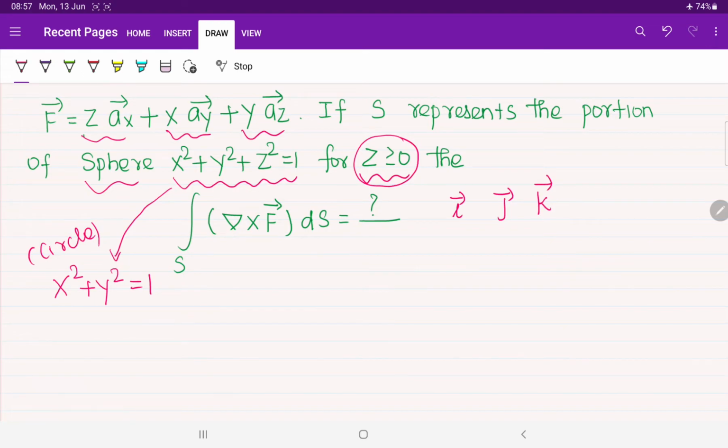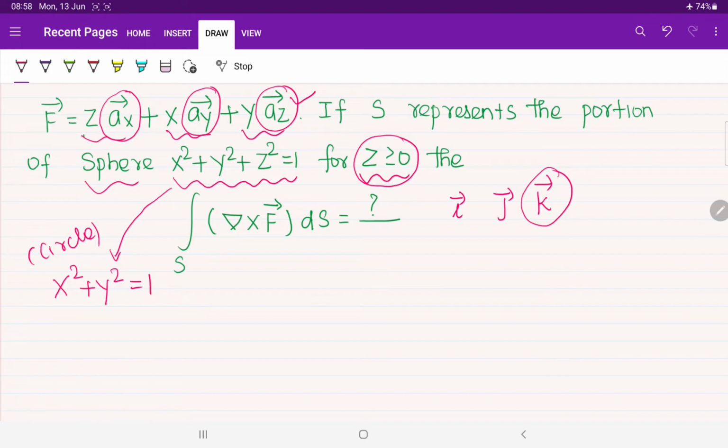According to the given data, F vector has been defined with ax in place of i vector, ay in place of j vector, az in place of k vector. So instead of using ijk, to identify the direction they are using ax, ay, az here. From this, az is the direction of z. Z direction can be represented as az in place of k vector.